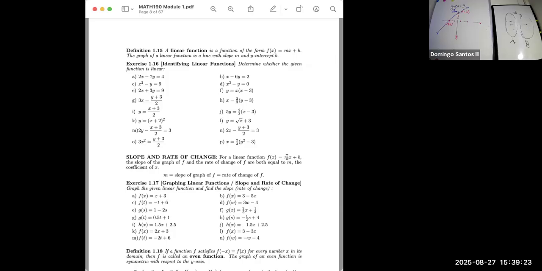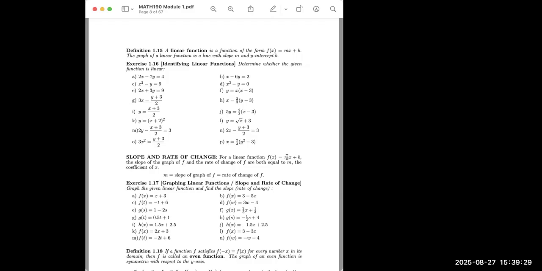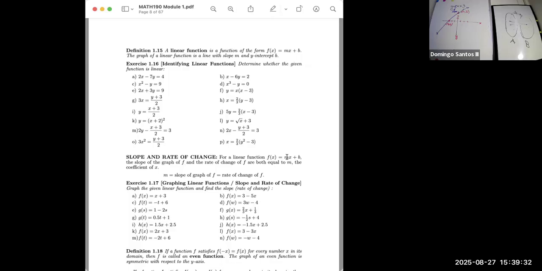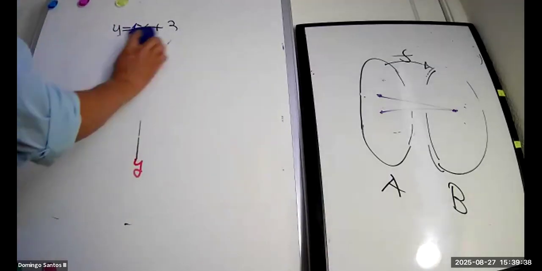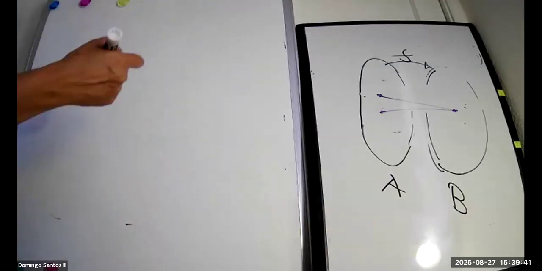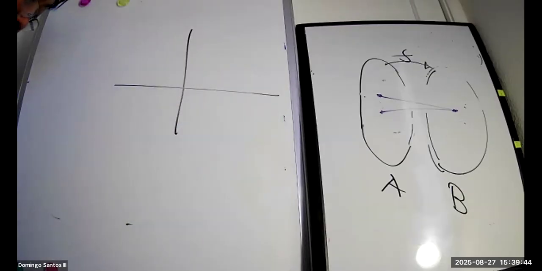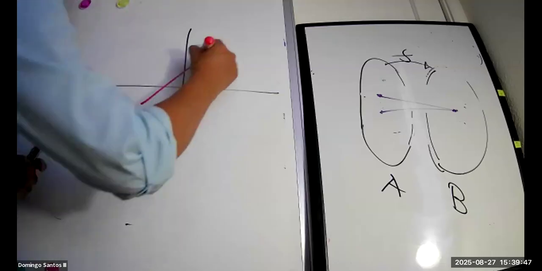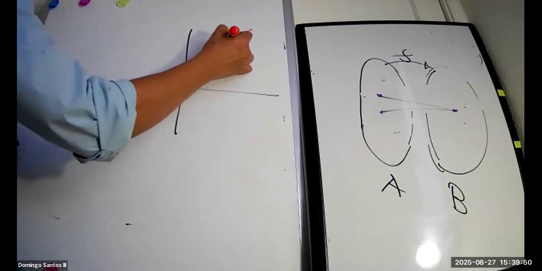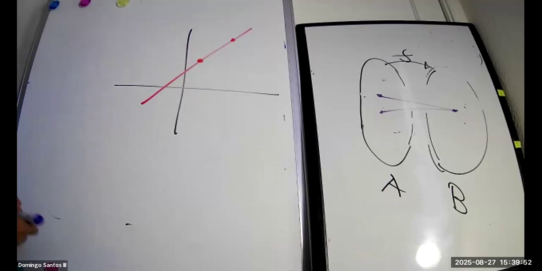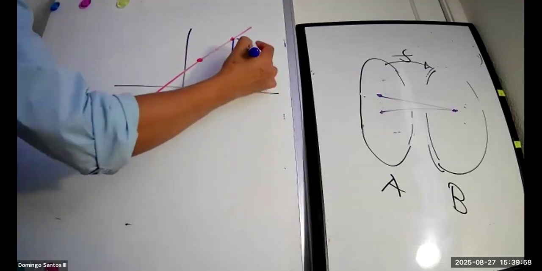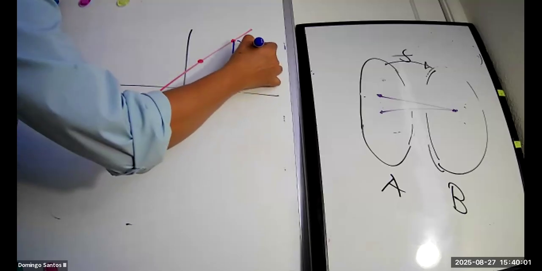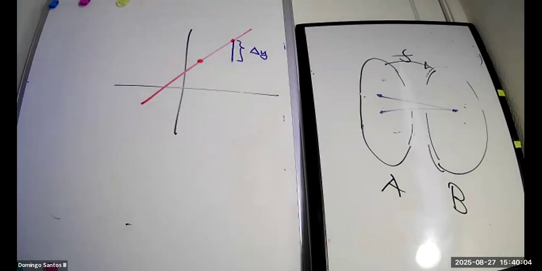And do you remember rise over run, George? Yes. Okay, rise would be the change in y, right? Let me just show that to you. Let's recall for those who might have forgotten it. If you have a line, say this line, and if you have 2 points, this point and that point, the slope of this one will be the change in y, let me write it as delta y, or the change in y.